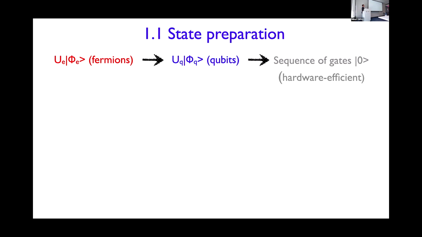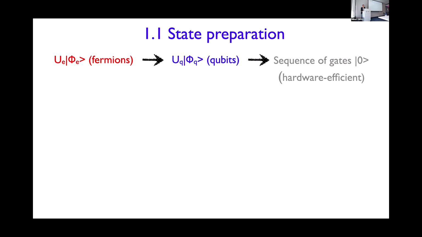But our group mainly works in the fermionic and qubit spaces. It's simply because of the hardware efficient ansatzes that some people develop in the sequence of gates area. They are very prone to the barren plateaus that Nathan was talking about.